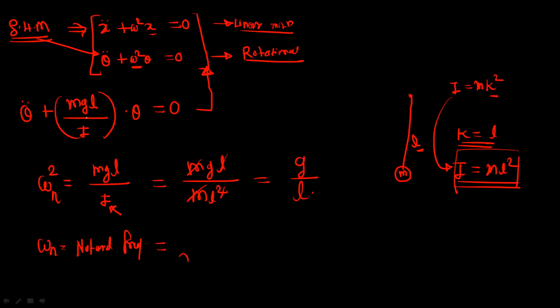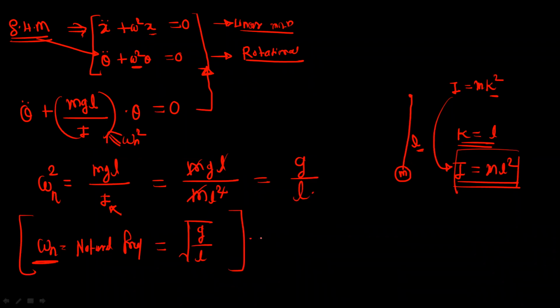This is omega square. So omega n square is g by l. So from this, omega n will become the square root of g upon l. Okay. So this is the equation for natural frequency for the simple pendulum.